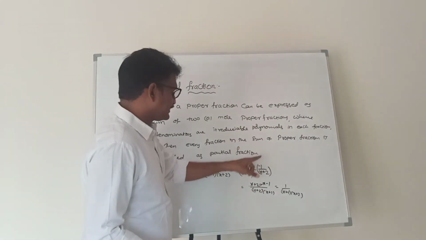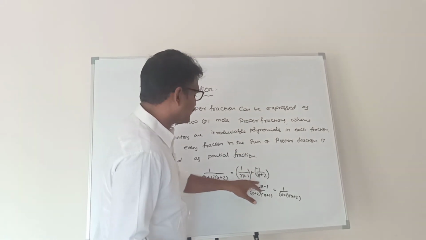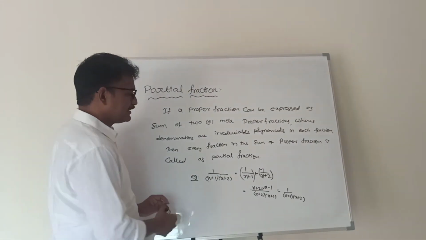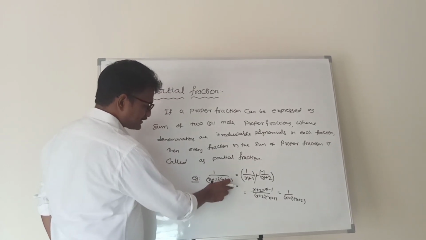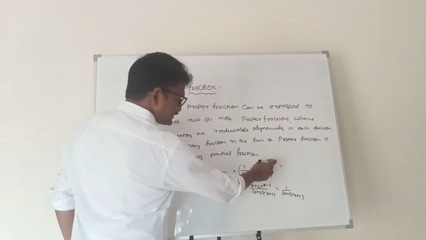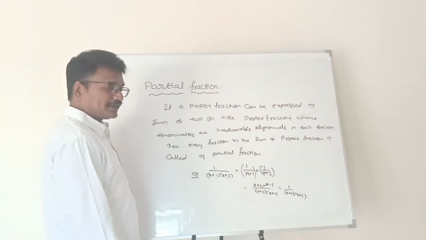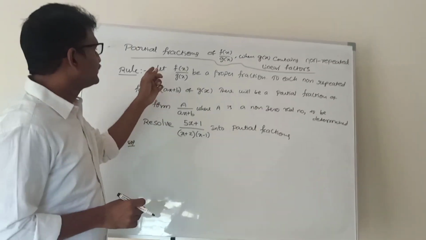Then every fraction in the sum of proper fractions is called a partial fraction. So 1 by (x plus 1)(x plus 2) is a rational fraction. For this, 1 by x plus 1 is a partial fraction and minus 1 by x plus 2 is also a partial fraction. This is the concept of partial fractions.